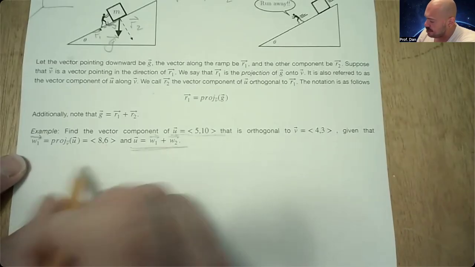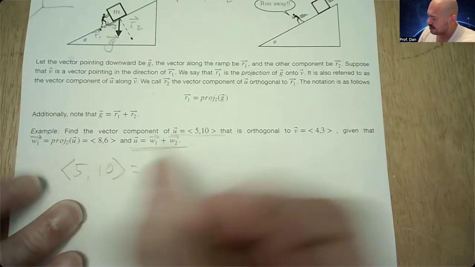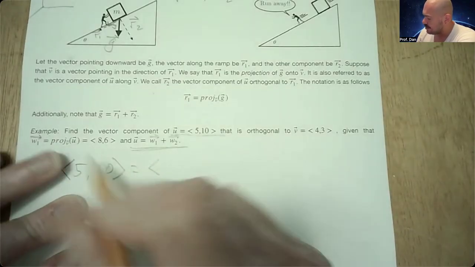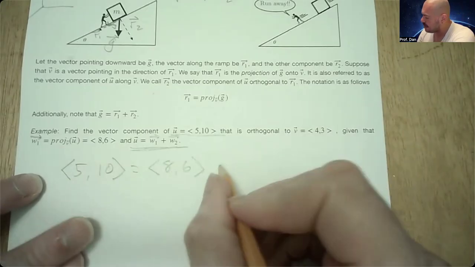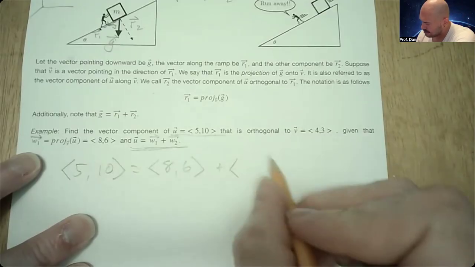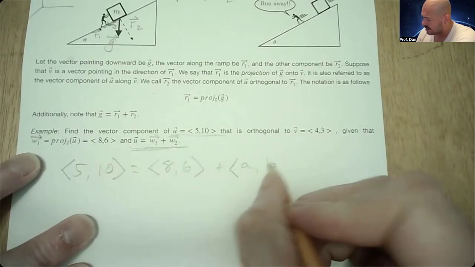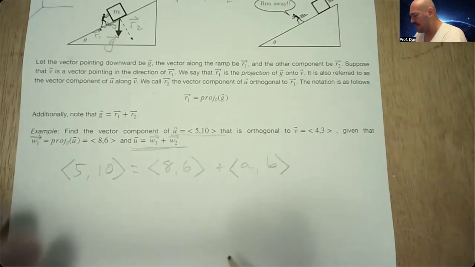So we know that u, which is equal to 5, 10, is equal to W1, that projection, which is 8, 6, plus this vector W2 that has these two components that we need to figure out.